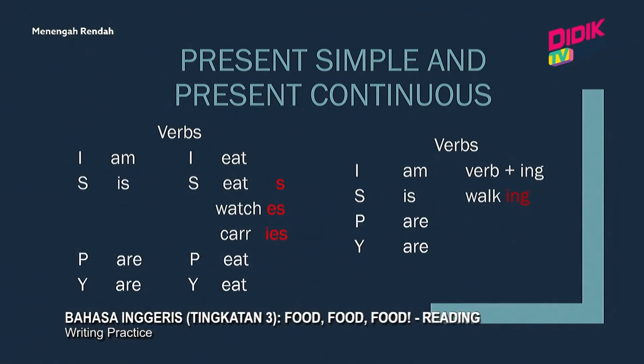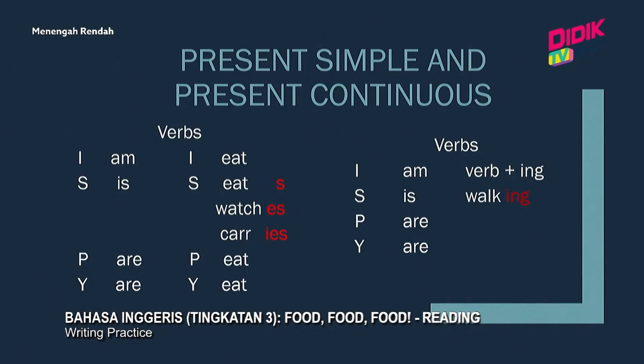However, there's something special when present simple meets singular. There are a little bit of changes. For eat, we need to add S. For watch, you need to add ES, and for carry, we need to change it to IES. For plural, it remains the same, and also for you, it remains the same. That is for present simple.